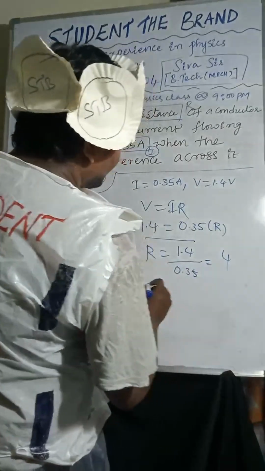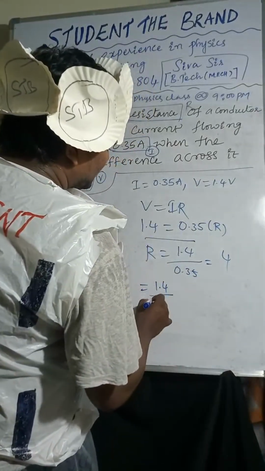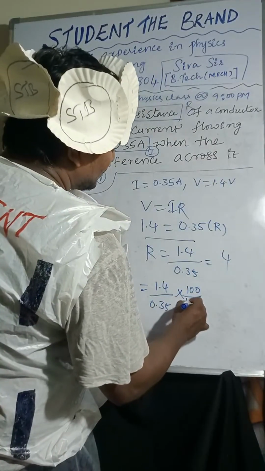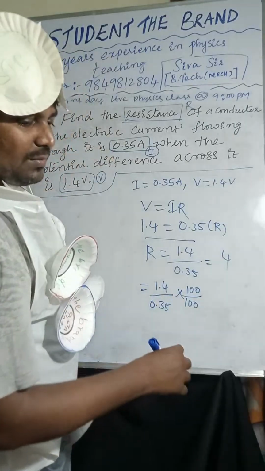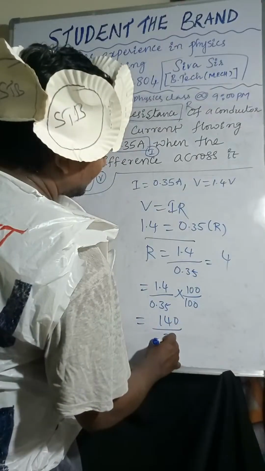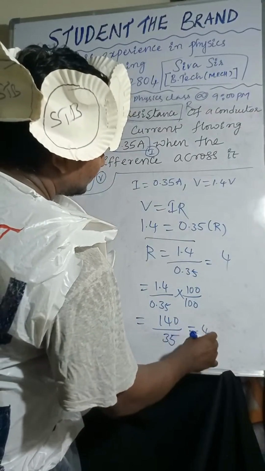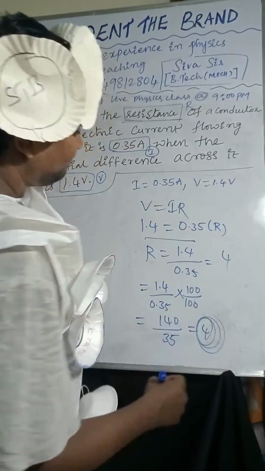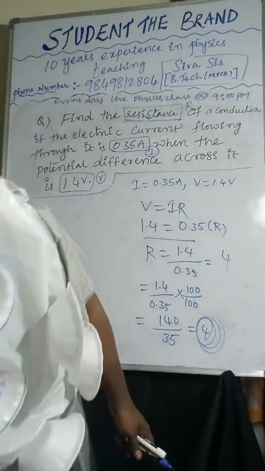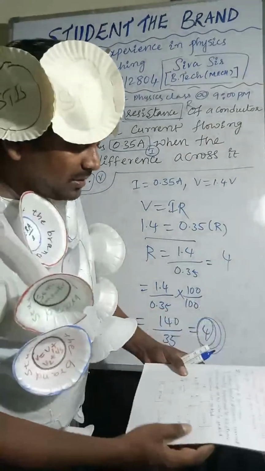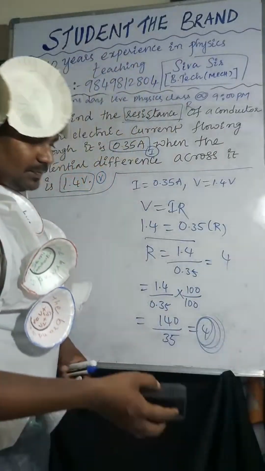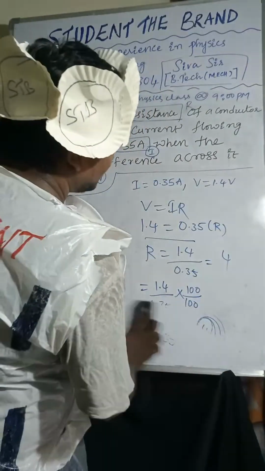The answer is 4. 1.4 by 0.35 into 100 by 100 to remove the zeros. You must eliminate the zeros in the denominator. 140 by 35 is 4. Very good, Ramcharan. So we go to the next question, a very important one. Let me know if you know this answer.